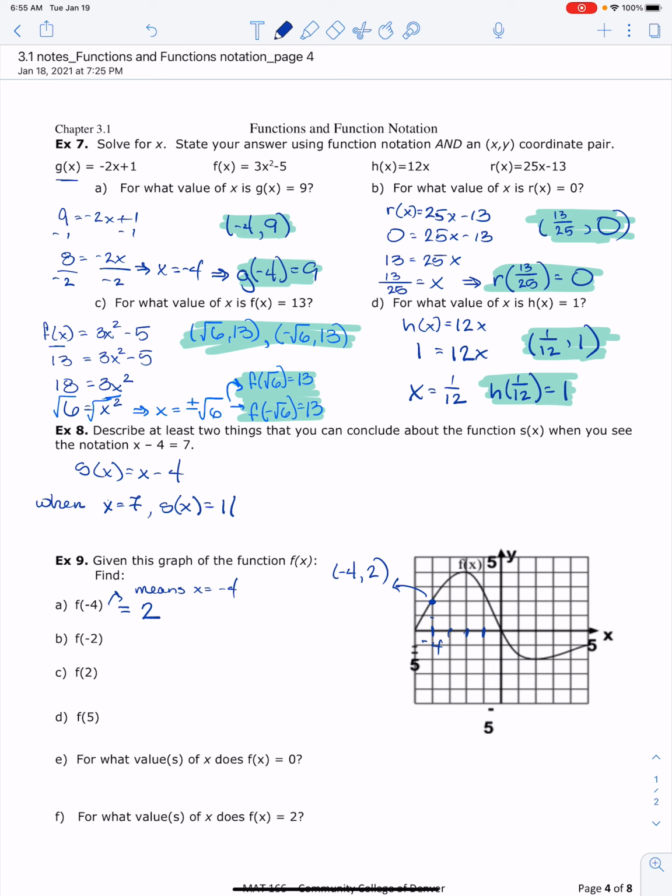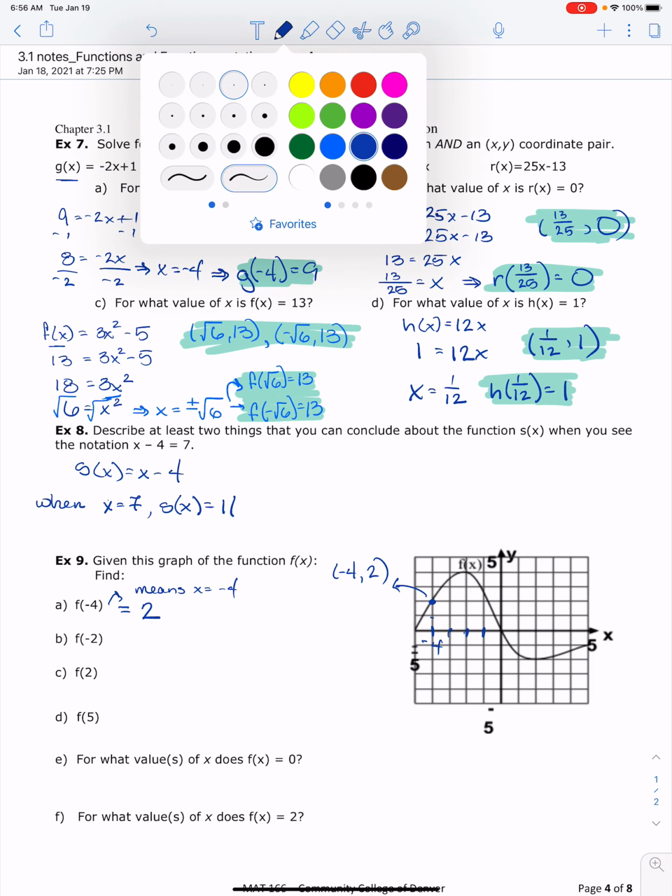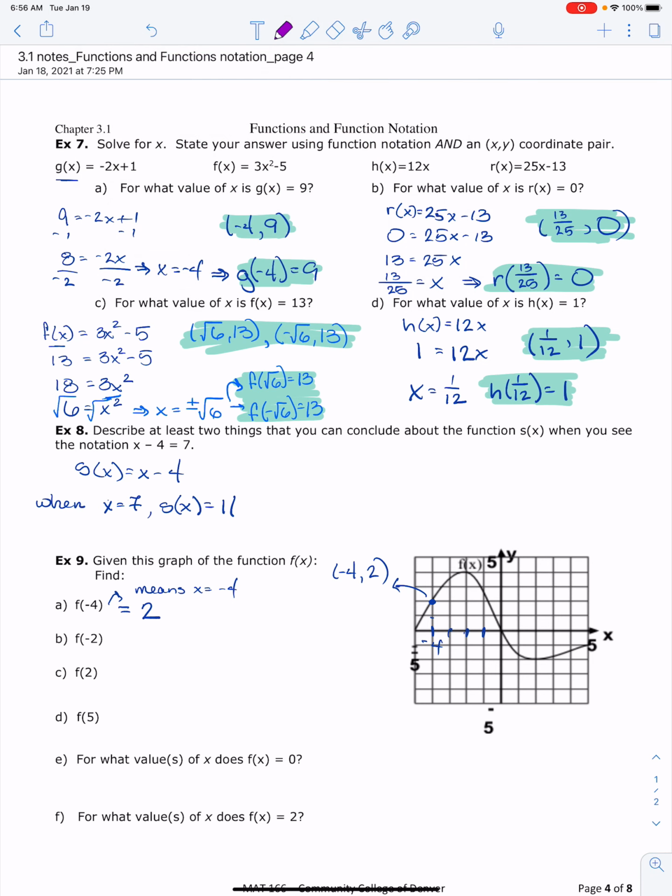So you can hit pause for a minute, fill these other three out. I'm going to change color so we can tell what I got going on here. F of negative 2, so there's negative 2 right there. I'm going to go up 1, 2, 3. Looks like it's this point right here, negative 2, positive 4. So f of negative 2 is positive 4.